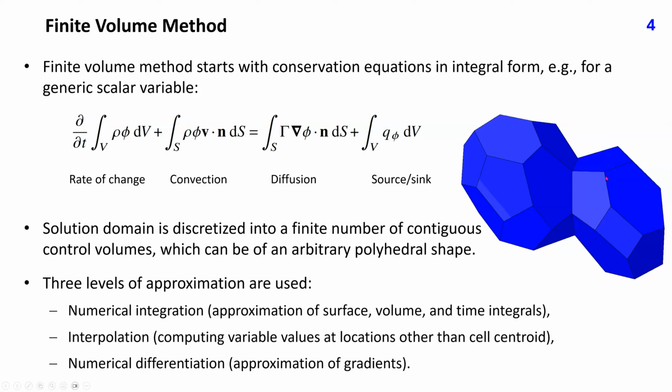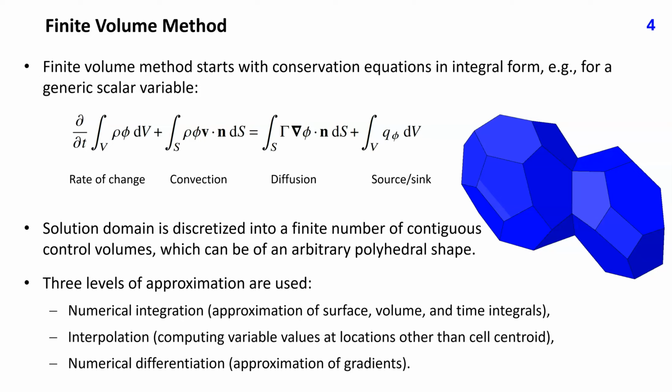The integral conservation equation is applied to each control volume, and all terms need to be approximated using geometric data, fluid properties, and variable values at cell centroids, which are the discrete points at which the solution is computed.